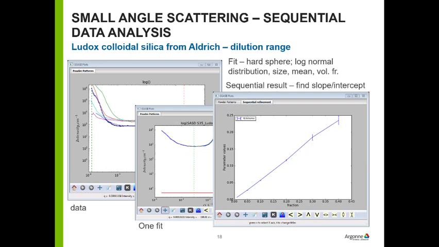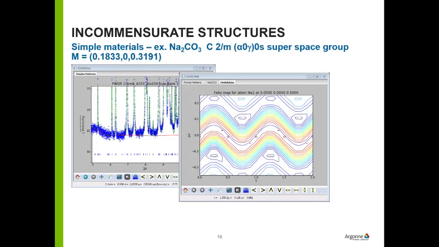I think it was probably that one. And then if you do the rest of them, you can get a sequence of parameters that you can plot out as a function of, say, fraction, or if you happen to know what the composition is, you can put that in and plot it out. Okay, what else can we do with GSAS-II?